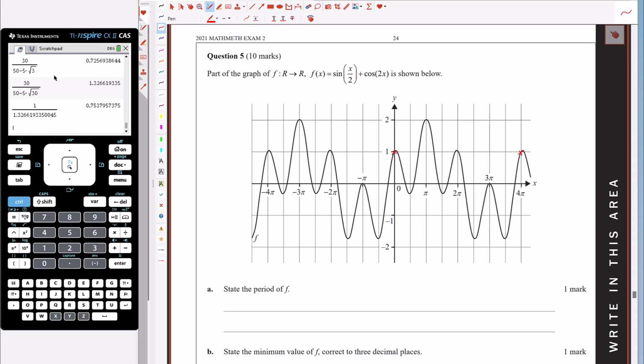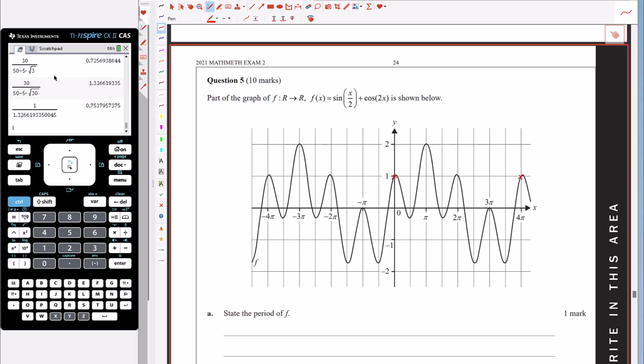But the other thing is to understand how the period works when we have sums or products of trig functions. The period of this graph alone, for that bit, would be 2 pi on a half. So that graph has a period of 4 pi. And the period for this graph is 2 pi on 2, so this graph has a period of pi.